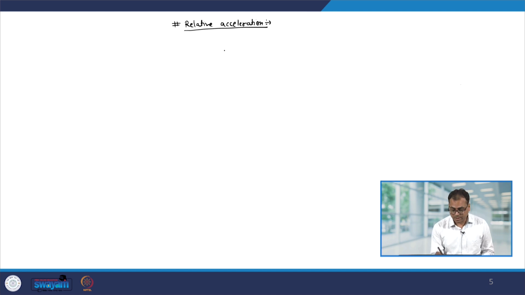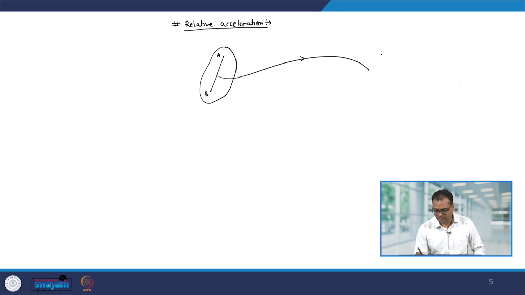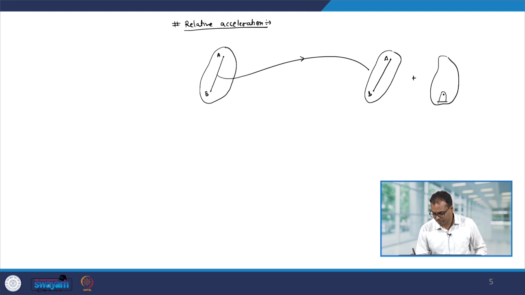We saw that if a rigid body is making a general plane motion, then the motion can be analyzed as a combination of a translation and a fixed axis rotation about a point. So, let us say that point is B. So, it is the combination of the translation and the fixed axis rotation about B.